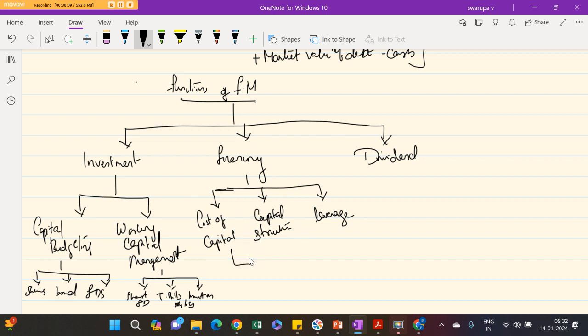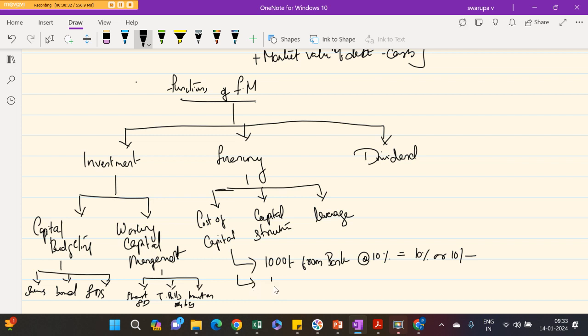Cost of capital is the cost of raising a fund. I am borrowing 1,000 rupees from a bank at an interest rate of 10%. Now the cost of capital is 10% or 10 rupees.